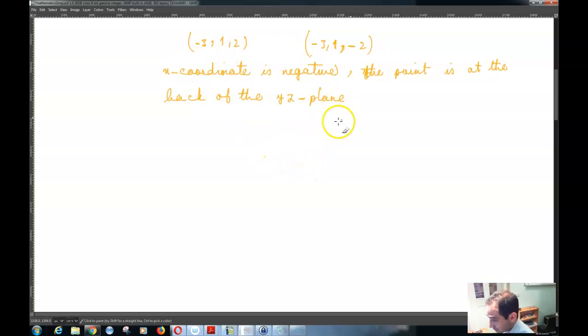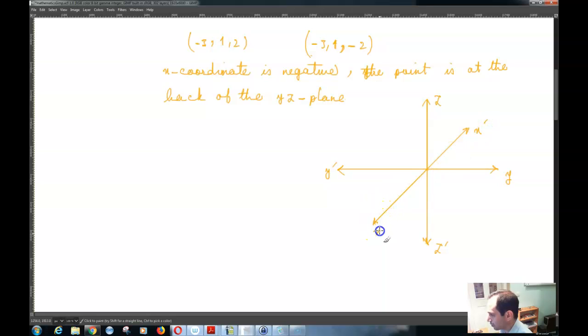And all of these, basically all of these xz, yz, zx, and so on that I'm talking about, in all of these cases, I'm assuming that this is the y-axis, this is the z-axis, this is z prime, this is y prime, and this is the x-axis, and this is x prime.